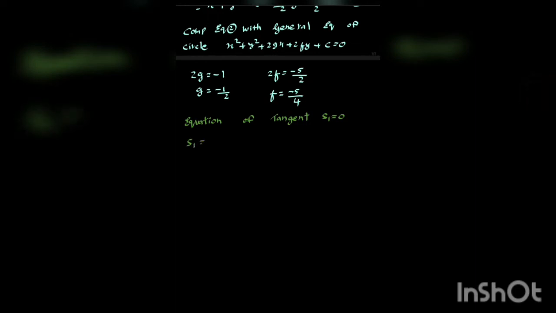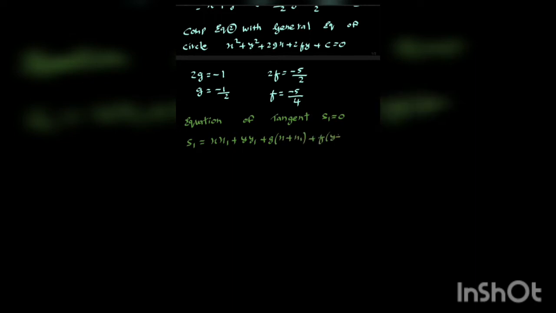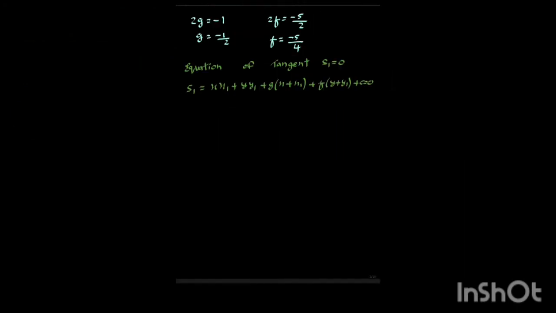So S1 = x·x1 + y·y1 + g(x + x1) + f(y + y1) + c = 0. So the equation of tangent is S1 = x·x1 + y·y1 + g(x + x1) + f(y + y1) + c = 0.